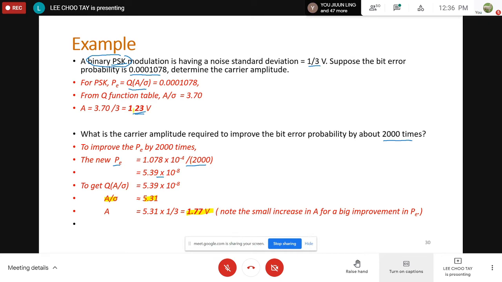If you compare the previous amplitude with the current amplitude, I only increased the carrier amplitude by about 0.54 volt, but I achieve an improvement in the probability of error by 2000 times. So you just increase A slightly to get a big improvement in your probability of error. That's due to the exponential nature of the curve.